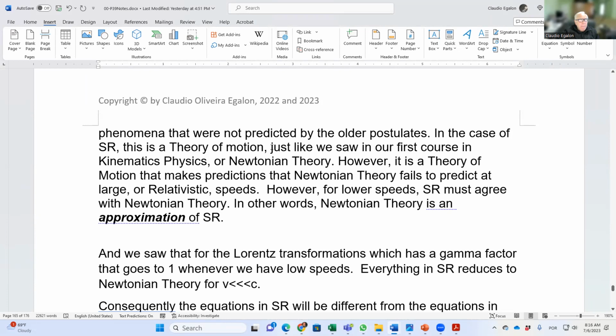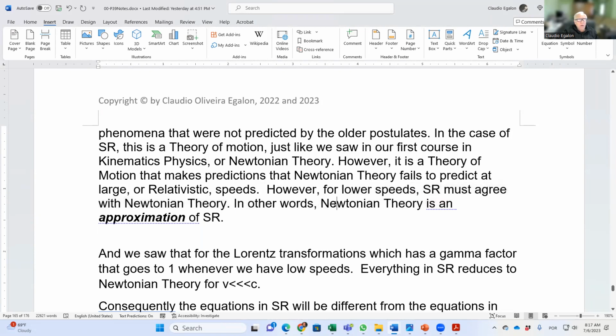Which, by the way, must correlate to Newtonian theory at a certain limit. Okay? And this limit is the limit of lower speeds. So what do we mean? Newtonian theory breaks down at high speeds, and high speed is defined in terms of the speed of light. So at a lower speed, special relativity must agree with Newtonian theory.